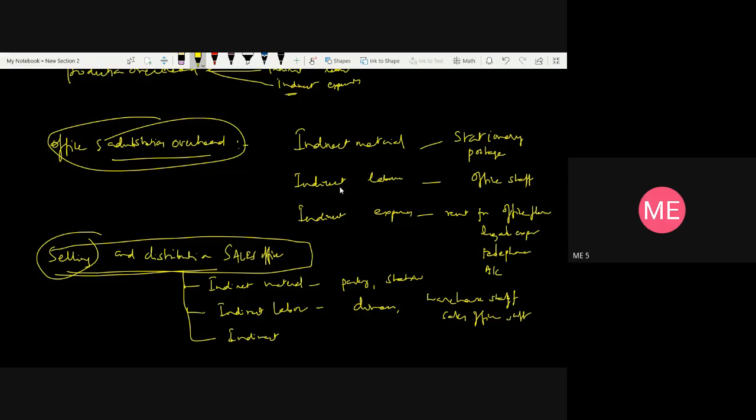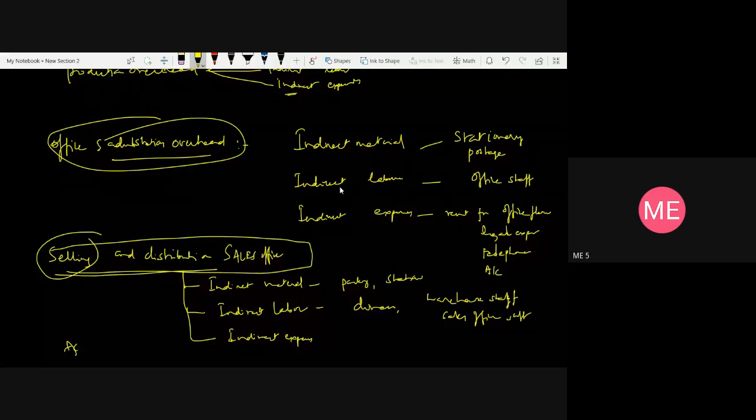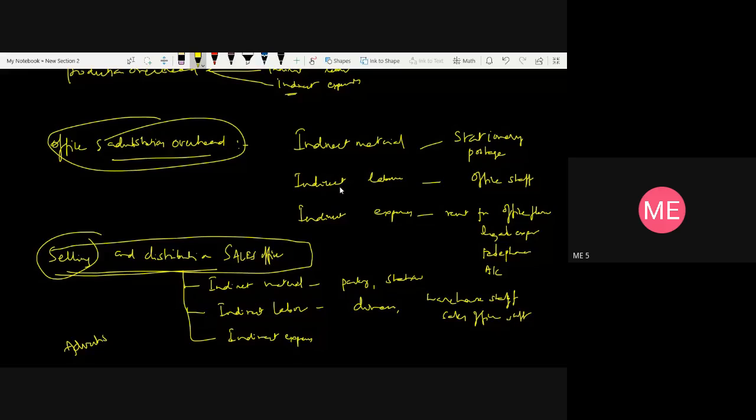And indirect expenses in this case: the sales department will go for advertising the product. Selling and distribution means marketing your product, advertising, and traveling expenses. If you have an office showroom, then showroom expenses, and rent for warehouses, meaning godowns, wherever you keep your products.